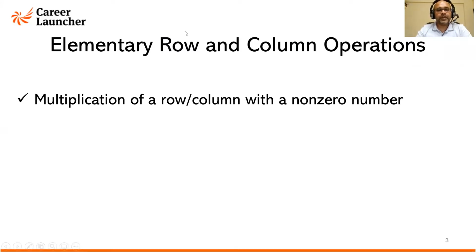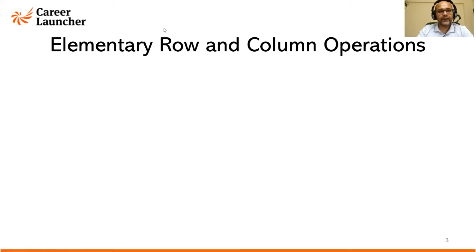The second is the multiplication of a row or a column with a non-zero number. What does it mean? It means if I have a matrix 5, 6, 0, minus 1, 2, 3, and let us say you have 2, 4, 5.